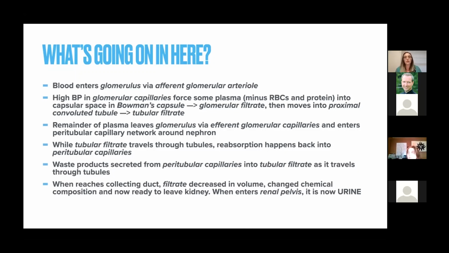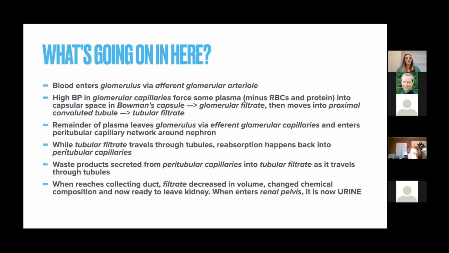So whatever's left over is going to get its chance to reabsorb or secrete as needed. While our tubular filtrate travels through the tubules, reabsorption is happening back into the peritubular capillaries. Our waste products are secreted from the peritubular capillaries into the tubular filtrate as it travels through the tubules.